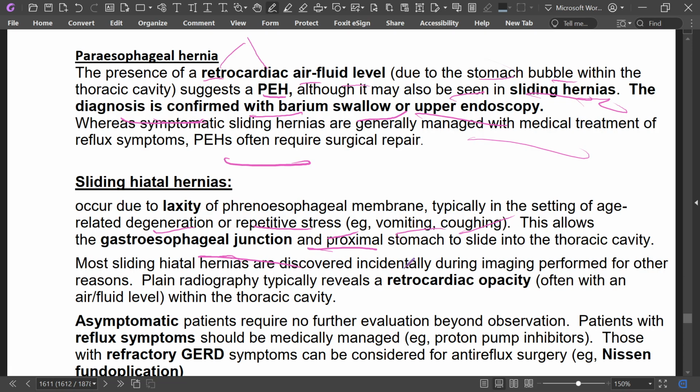What slides into the thoracic cavity? The GE junction and the proximal stomach. Most sliding hernias are discovered incidentally during imaging performed for other reasons. Plain radiography typically reveals a retrocardiac opacity, often with an air fluid level within the thoracic cavity.